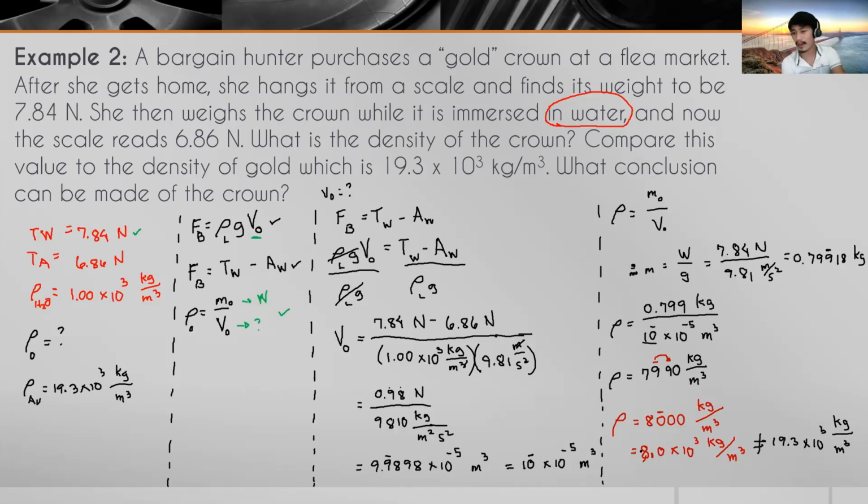It's either hindi siya pure gold or gold siya pero hollow. Ano ibig sabihin ng hollow? Yung may spaces sa gitna, kagaya nito, hollow space. So hindi siya solid. So it could be an alloy, hindi siya pure gold, or it could be a hollow crown. Okay? So yan yung ibig sabihin natin.